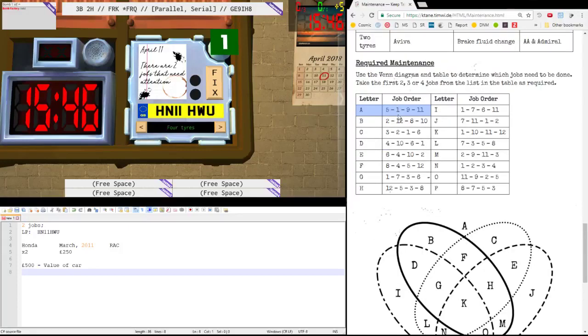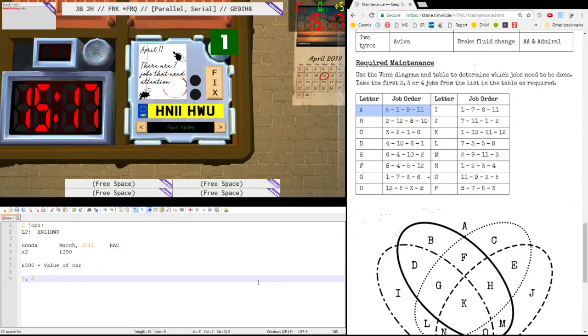But notice there's 4 jobs listed here with a job order. What that job order is basically saying is, if you don't have to take 4 jobs, do the jobs in this order, and just take however many you need. So in this case, we said we needed 2 jobs at the very beginning from the module. So we're only going to take the first 2 numbers here, which is a 5 and a 1.